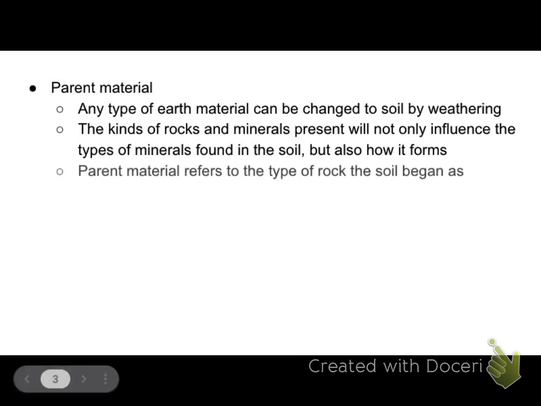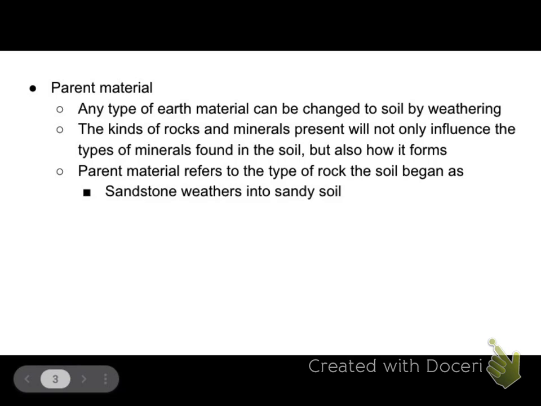So when we talk about parent material, we're talking about what was the type of rock that was weathered and broken down in order to make this soil. Because as I'm sure you know, even though all the surface of the earth is rock, it's not all the same type of rock. So that's going to affect soil formation.